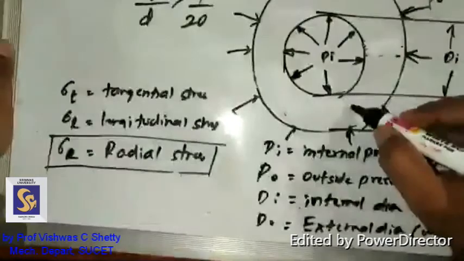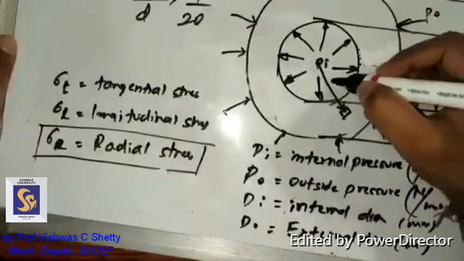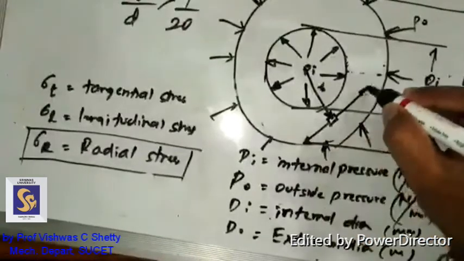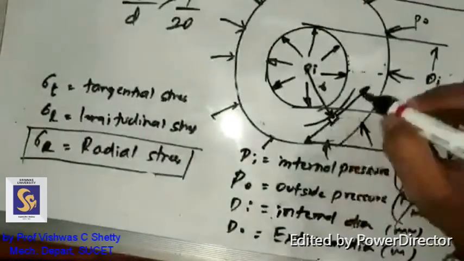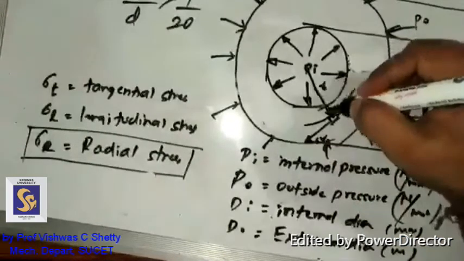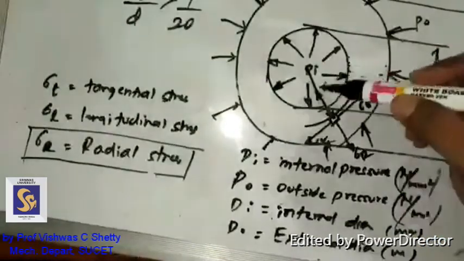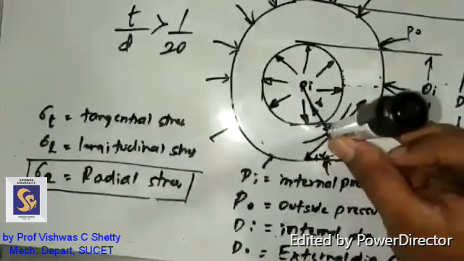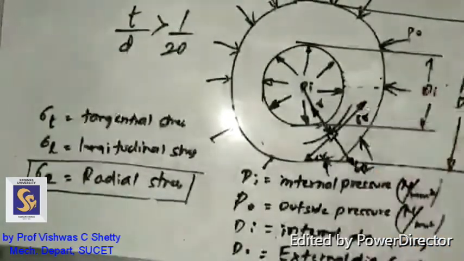Tangential stress: say, for example, you consider one element at a distance r from the center. If you draw a tangent to that particular radius, these stresses will be the tangential stress, sigma t. The radial stress will be in the direction perpendicular to that, and the longitudinal stress will be perpendicular to this board, so in x, y, z, all three directions, the stresses will be there.